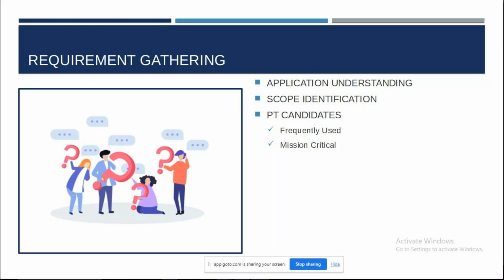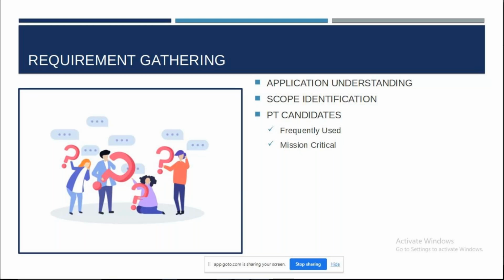Now, mission critical. What does mission critical transaction mean? In your application, whichever functionality is very, very important might sometimes be used by an average number of users, so the number of users using that module may not be the most frequent one, but it is the most important one.